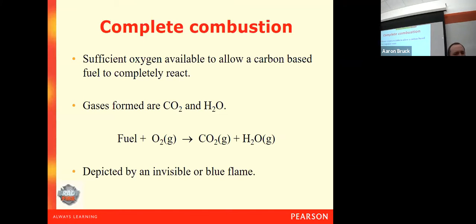When we look at combustion, it can come in 2 different forms. The first form is something called complete combustion. Complete combustion is when we have sufficient oxygen present, and as a result of that sufficient oxygen, we get complete conversion to carbon dioxide and water.